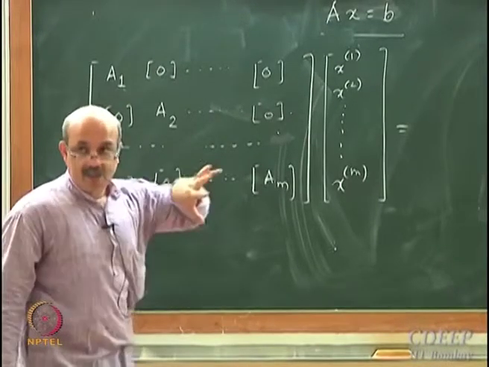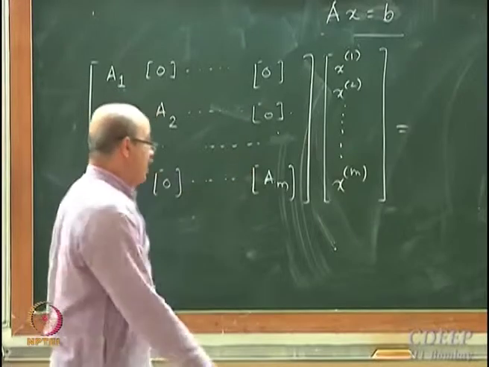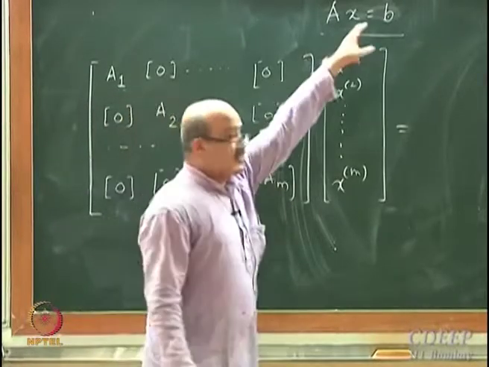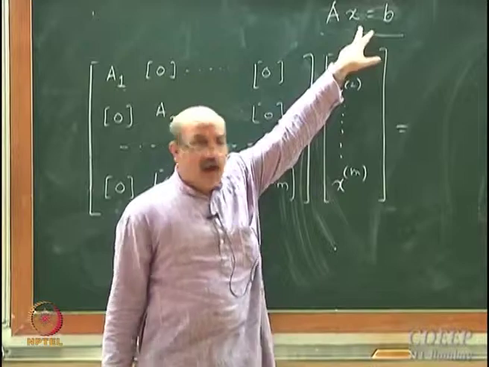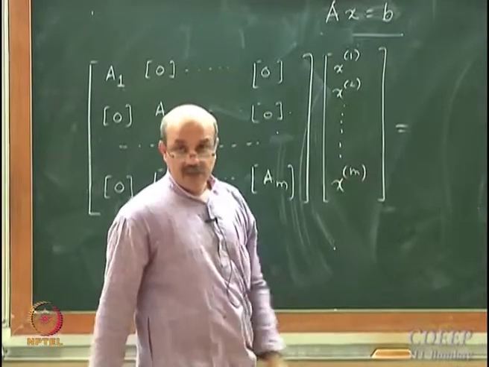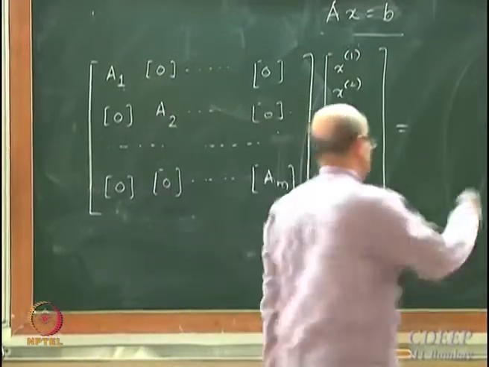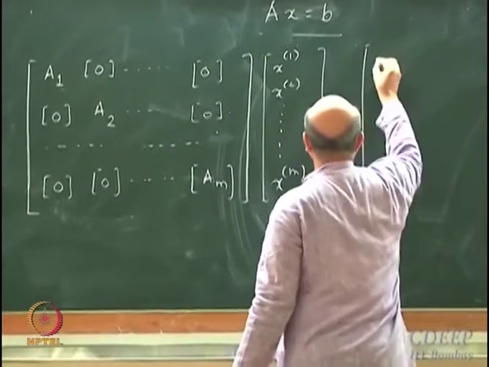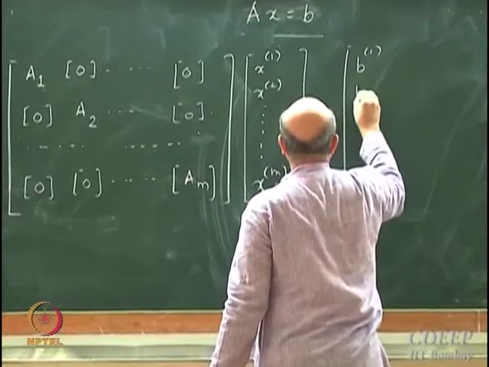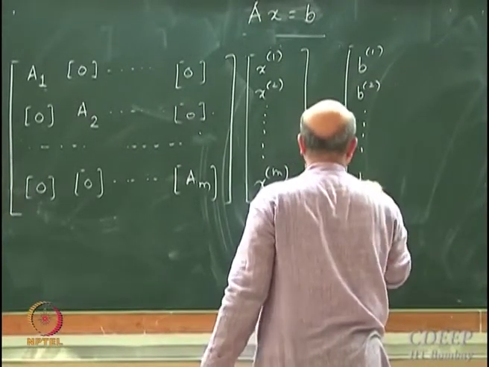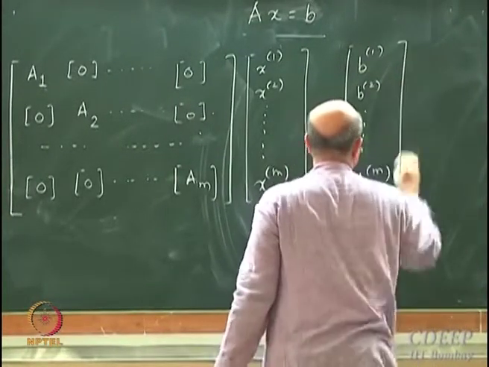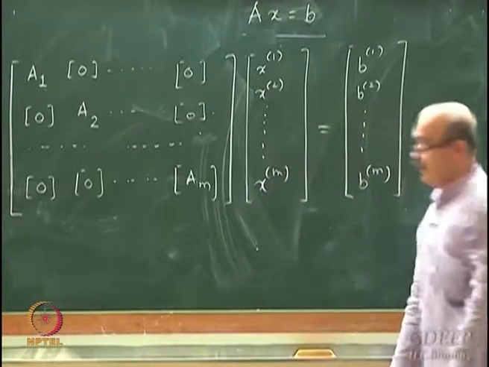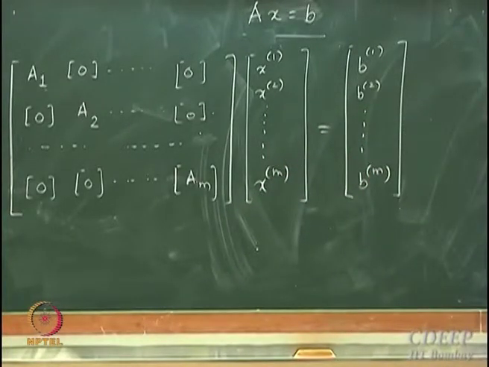What I have done here, x I have partitioned here. Okay, I will talk about this partitioning very soon. And even the b vector I am partitioning into b1, b2, okay.